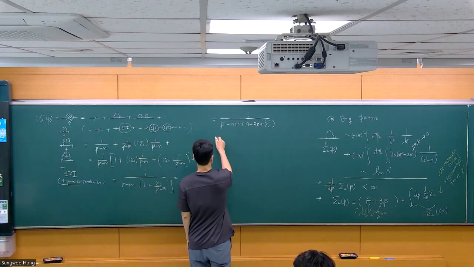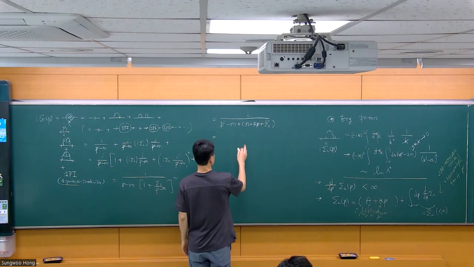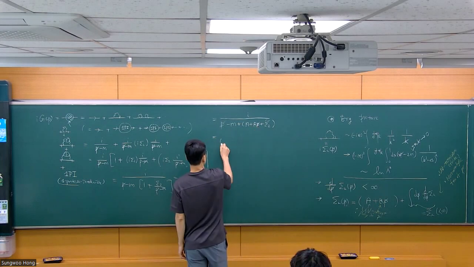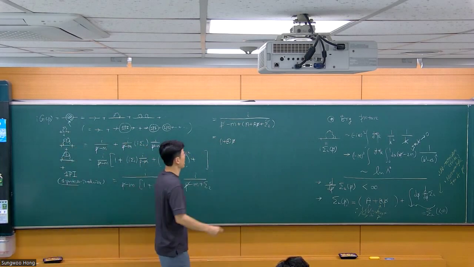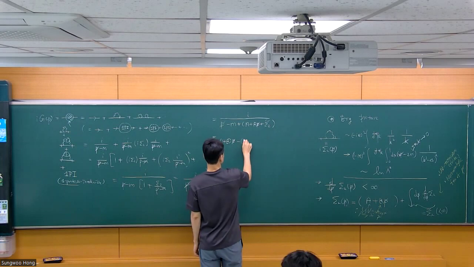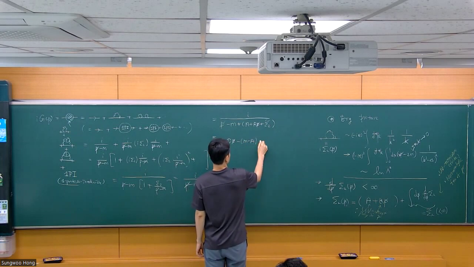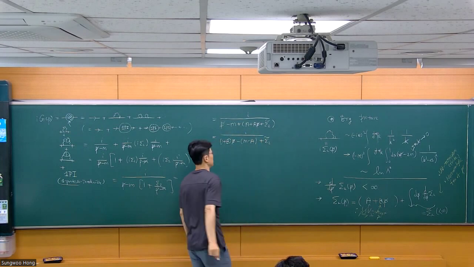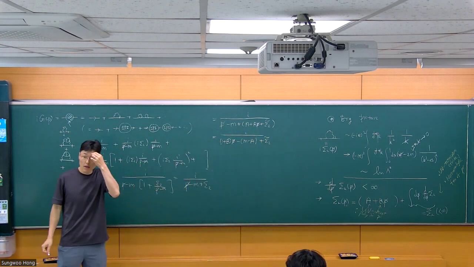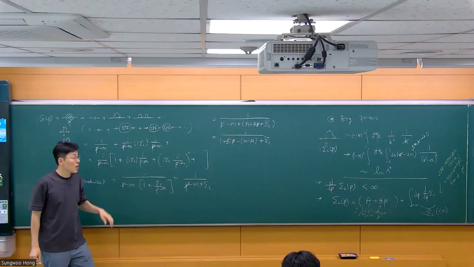Now you see a chance to organize these things. This thing is proportional to p-slash, so you can combine that like so. Then you see this, M minus A, and then there's a sigma 2 tilde.